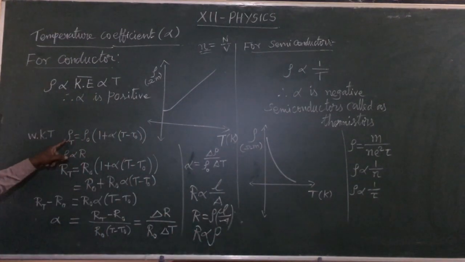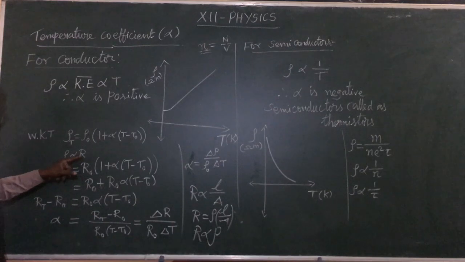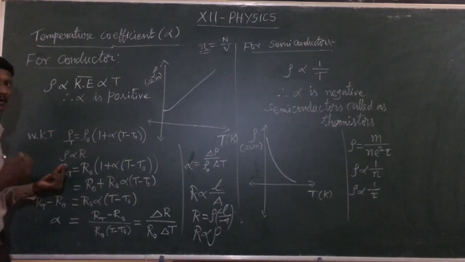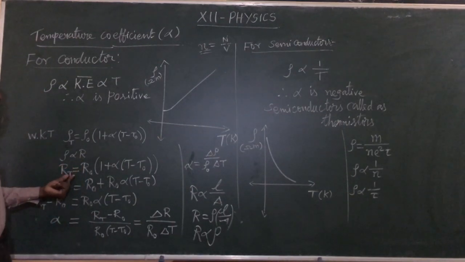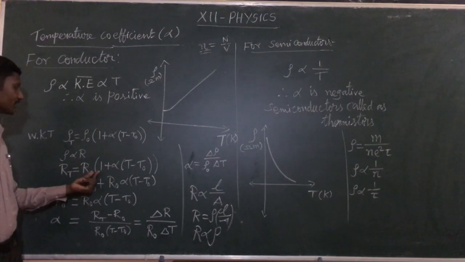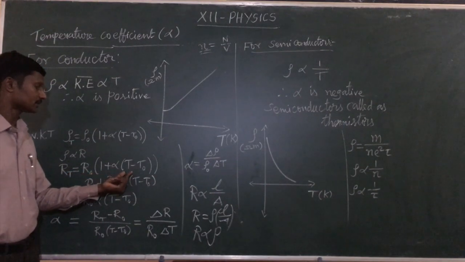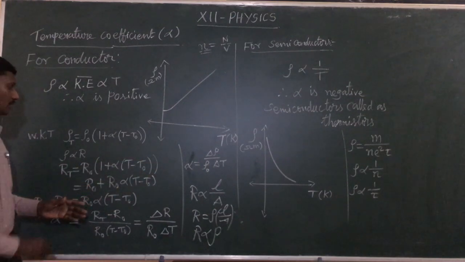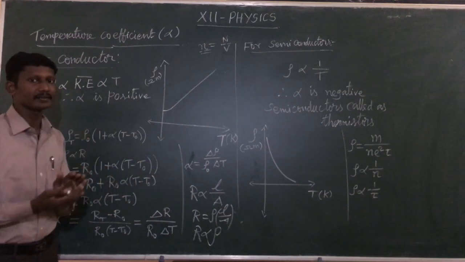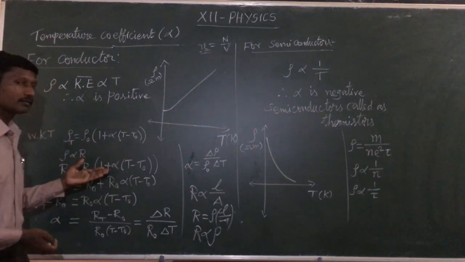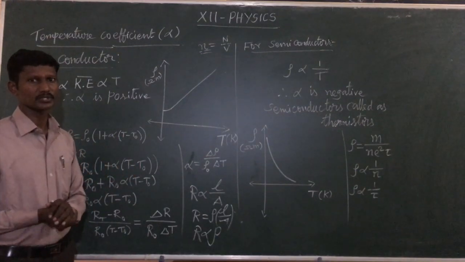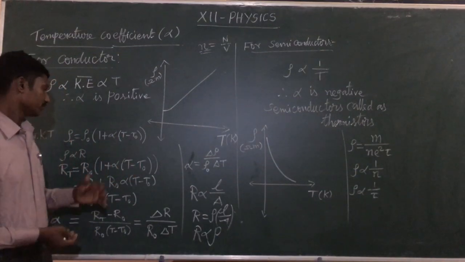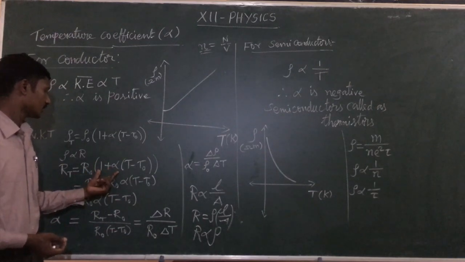Therefore we convert the resistivity formula into a resistance formula: RT, the resistance at T temperature, is equal to R0 into 1 plus alpha into the change in temperature, T minus T0. Then we are going to derive the formula for alpha, the temperature coefficient of resistance, from this equation.